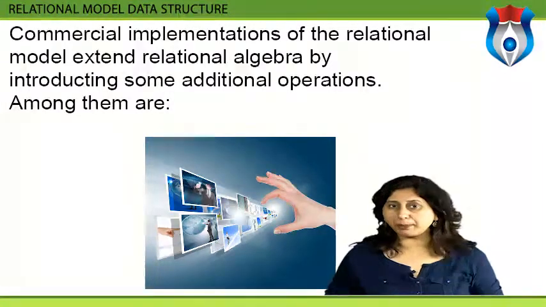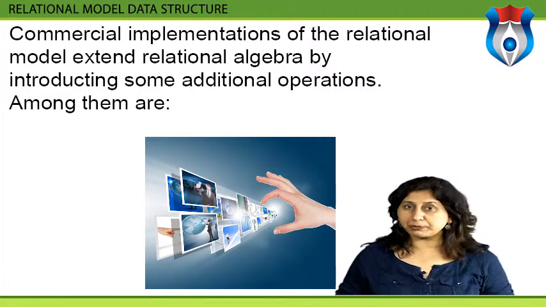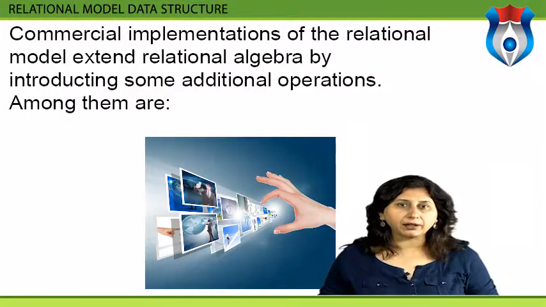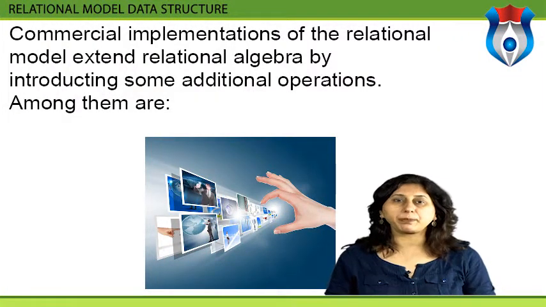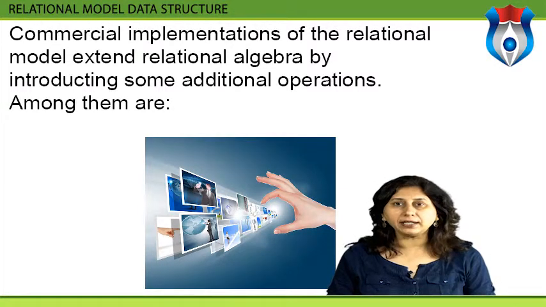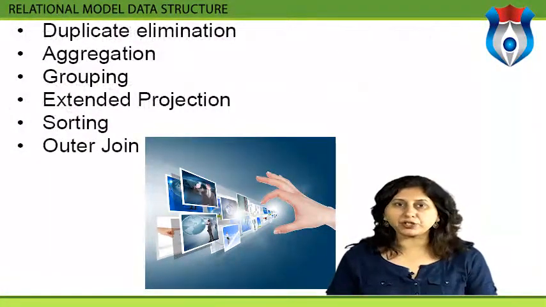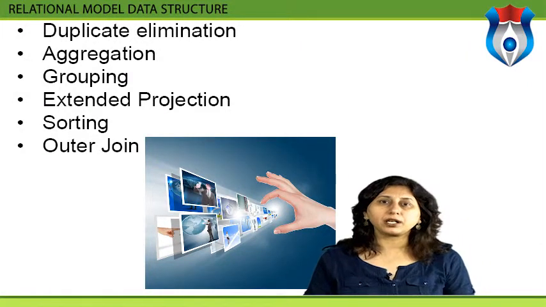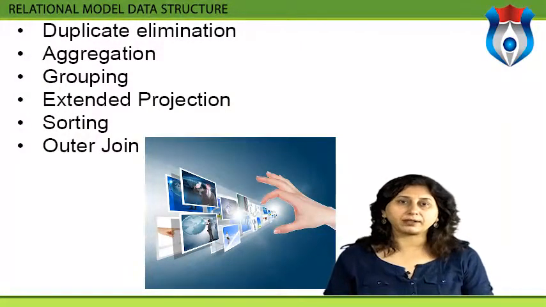Consider the projection operator pi L of R. L is a subset of the attributes of R. We can extend the projection operator by allowing L to include functions of the attributes of R. That is, new attributes are created which are derived from R.